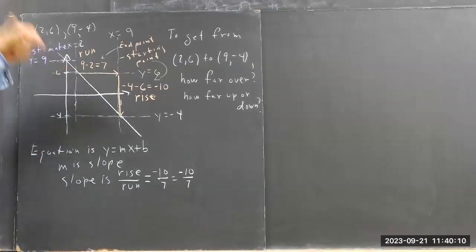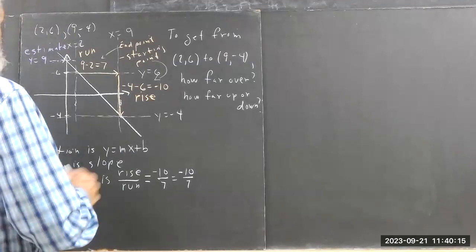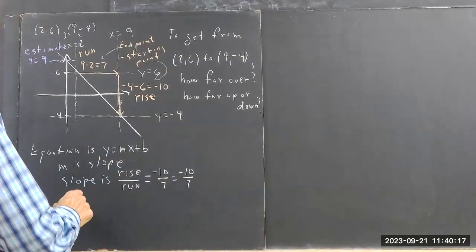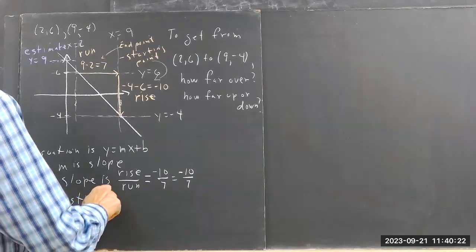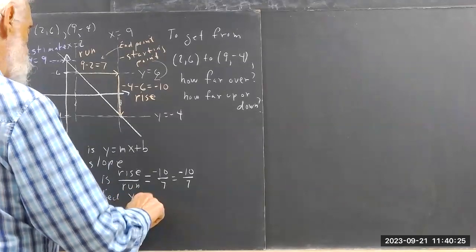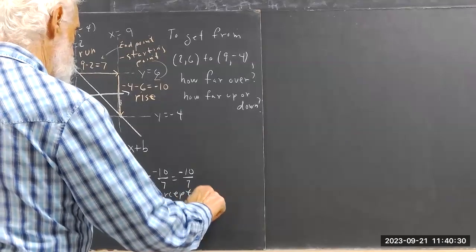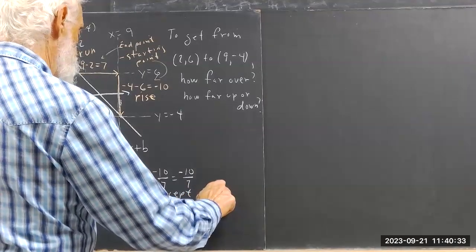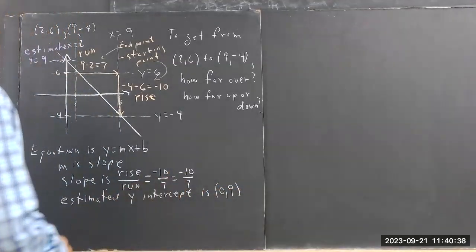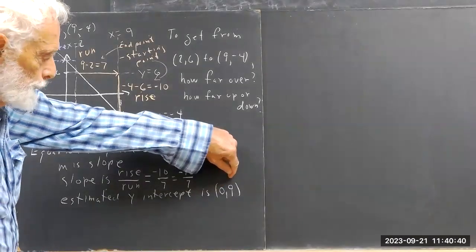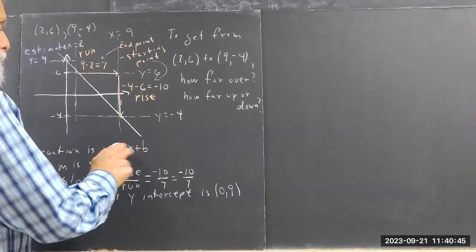You can actually calculate this using similar triangles, but you're not probably going to want to go to that trouble, and we don't have time to talk about that. The y-intercept is estimated to be at the point (0, 9). So what's that tell you about the equation?